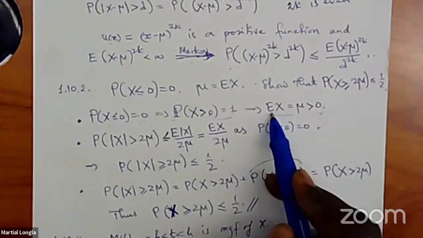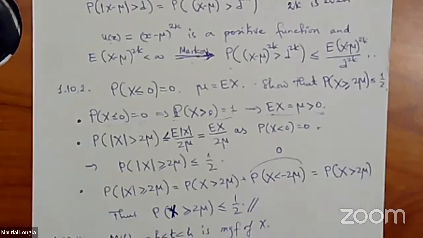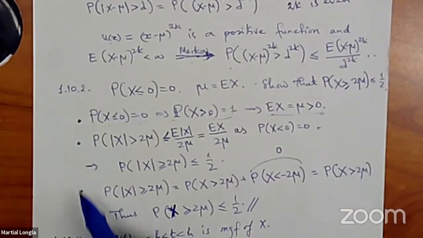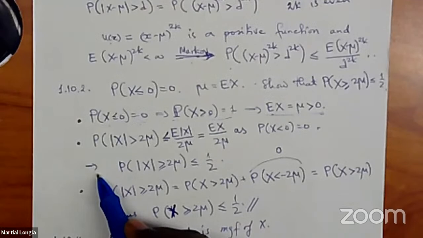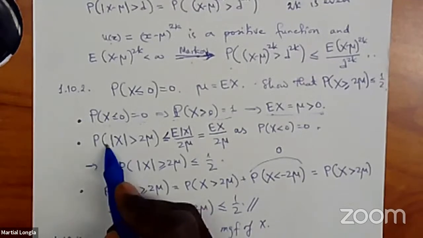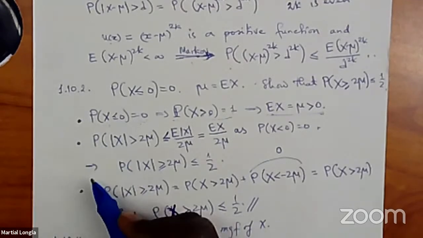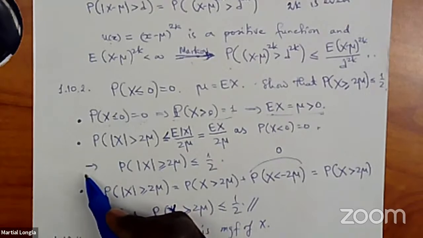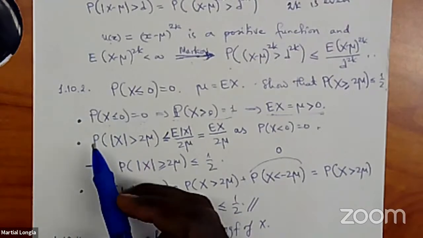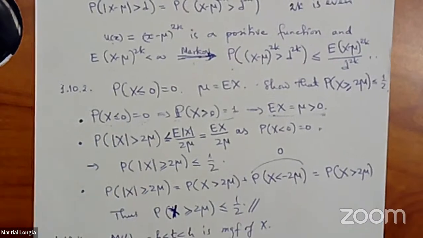Then, because we know this already, we can try to apply Markov's inequality. And what do I apply it to? I start with the absolute value, because I don't want to say anything that I don't know. Nobody really said that there's no value of x that is below 0, right? If they are there, it is with probability 0.